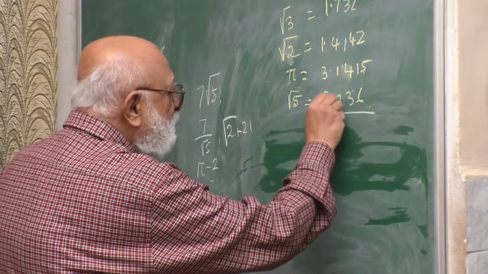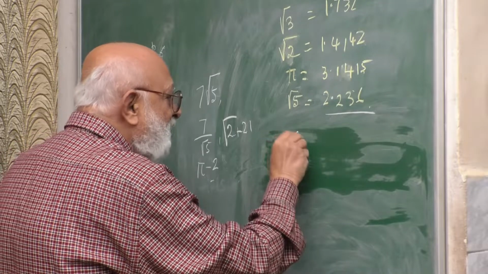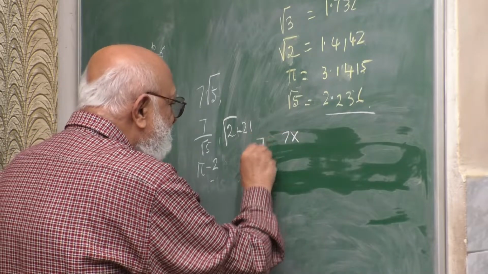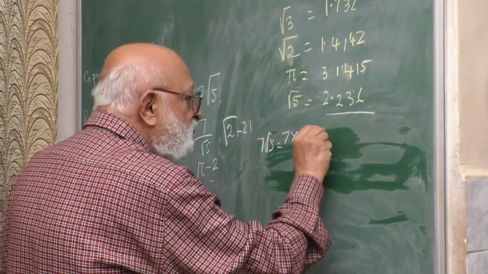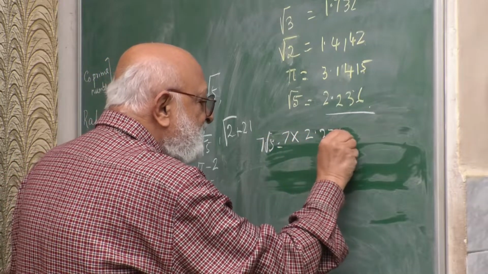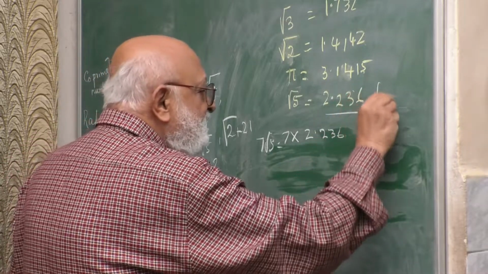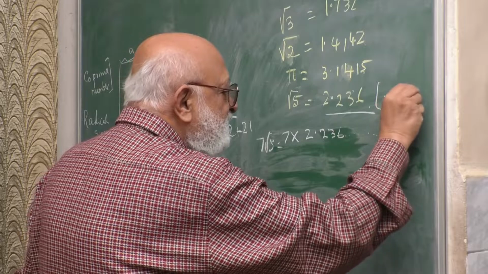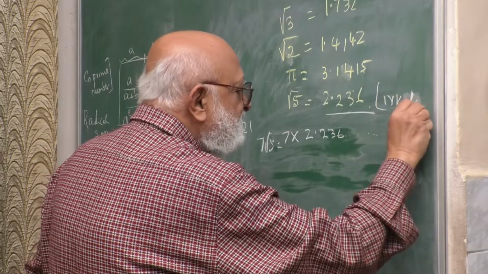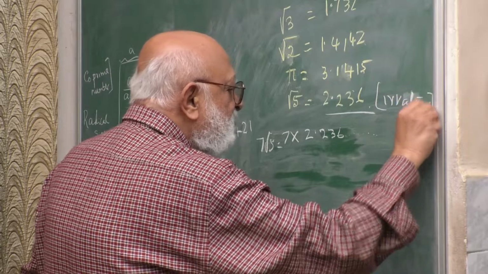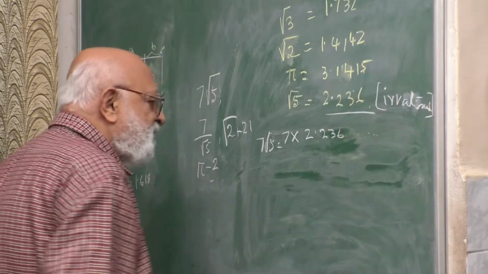So 7 root 5 would be 7 multiplied by 2.236 and non-terminating, because this is an irrational number. Okay, so this is irrational. So if I write it, that should be enough.